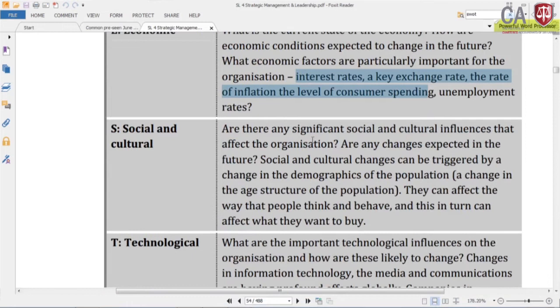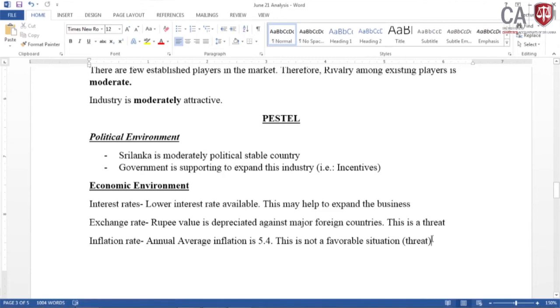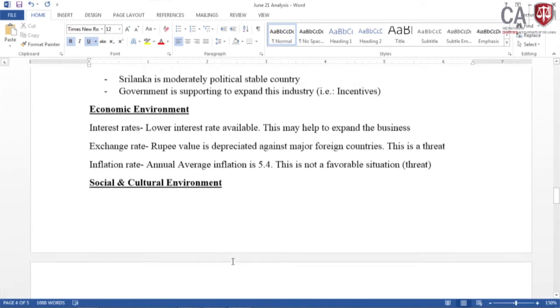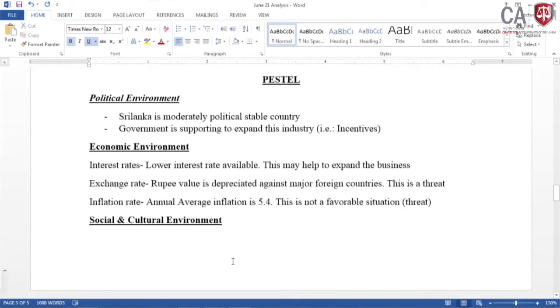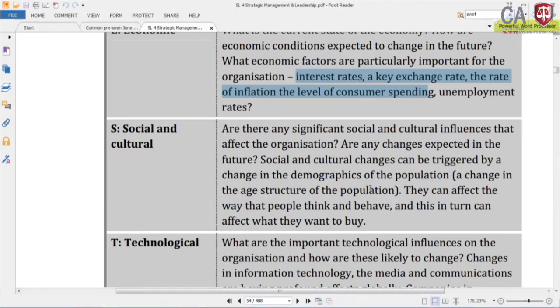Social and cultural environment. So, what do you think?